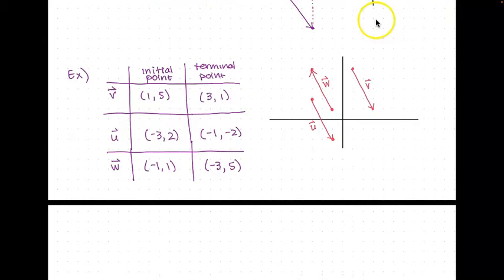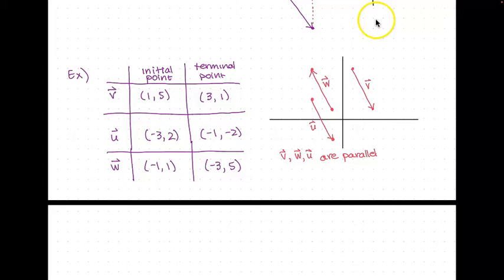Any questions on the picture? Nothing earth-shattering. Anybody notice anything in the picture? Lots of different things we can say. They all have the same slope, so they are all parallel. V, W, U are parallel.